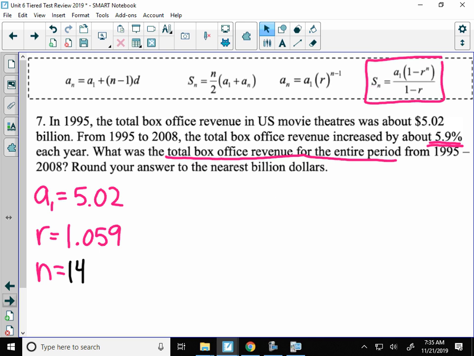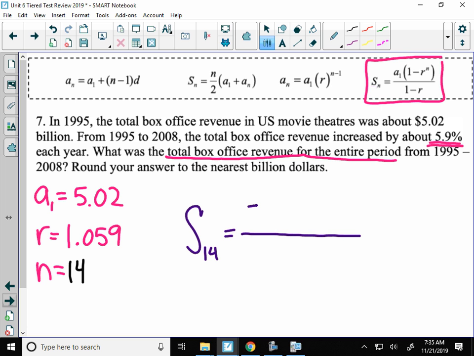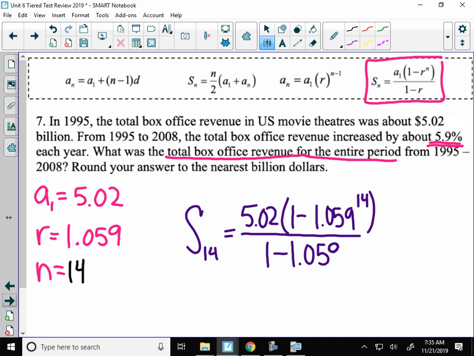Now I have everything I need to be able to put into my sum. So I'm finding the sum of the box office revenues for all 14 years. Take my first term, 5.02. That's 1 minus my r value to the n over 1 minus r. And I'm going to very carefully type that in my calculator.